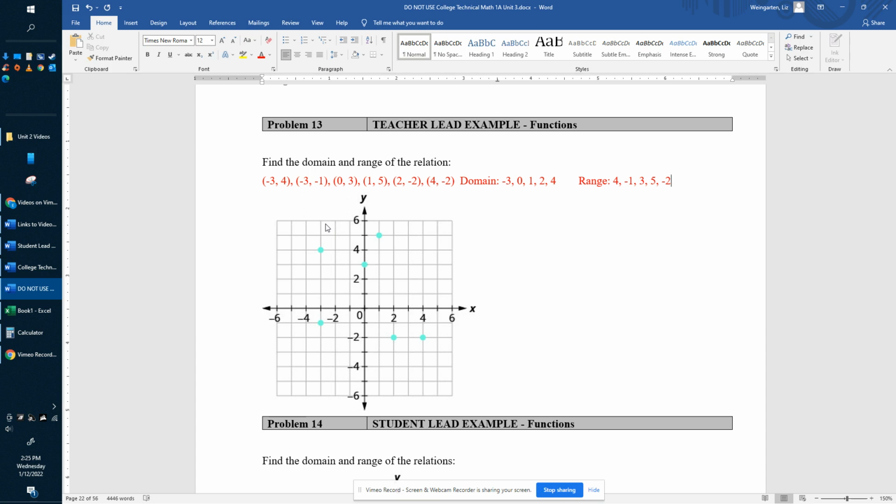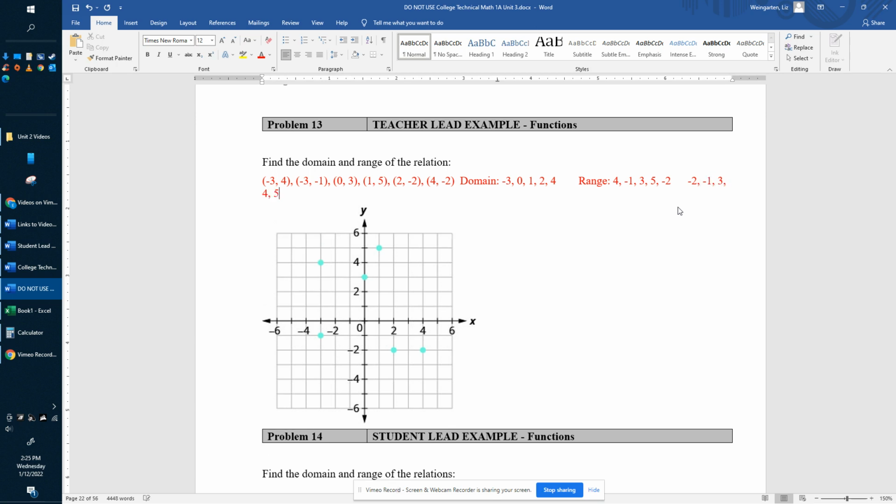Now be very careful with these in your homework because they may want you to write them in numerical order, in which case the domain would be fine, but my range would not fly. I would have to rewrite it. So in numerical order, it would have to be -2, -1, 3, 4, and 5.